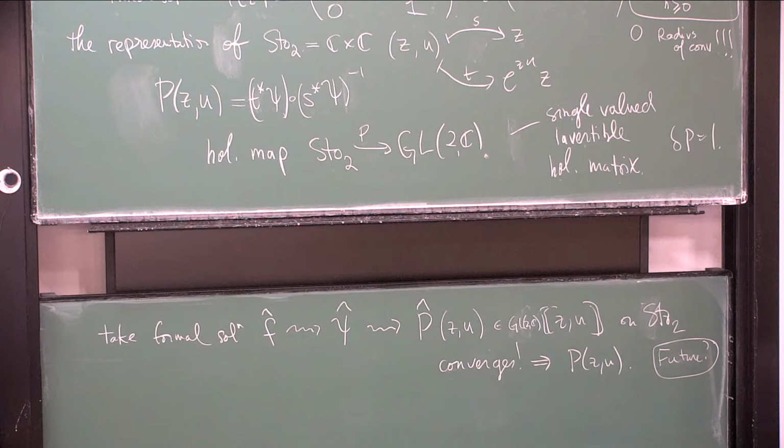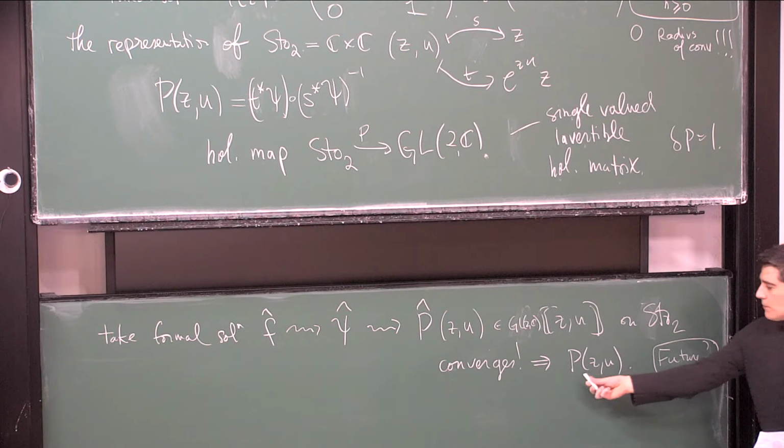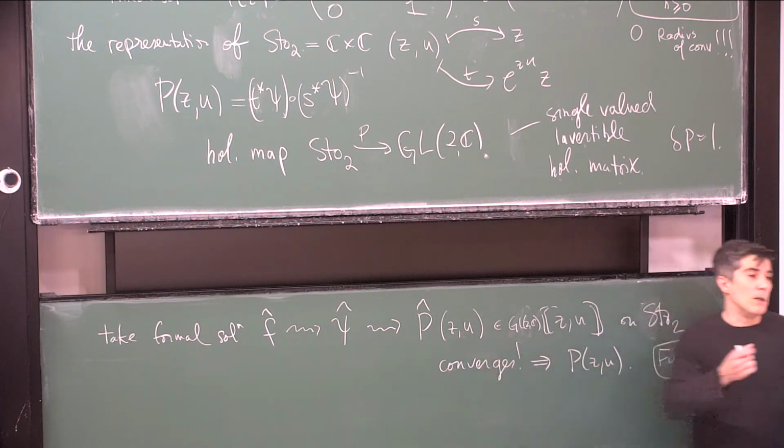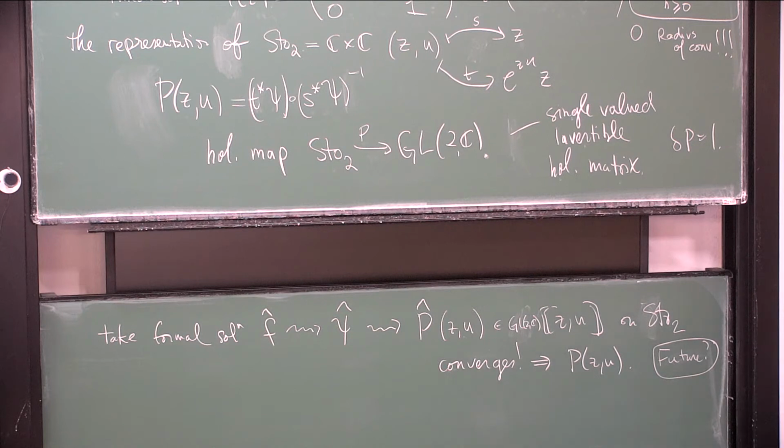Was there some other question? Yeah, I was just wondering whether it's then possible to use that to resum the f hat in terms of the original variable c. So when this converges, you're going to have an open set around the origin in the set U10, where you will have a holomorphic matrix-valued function.